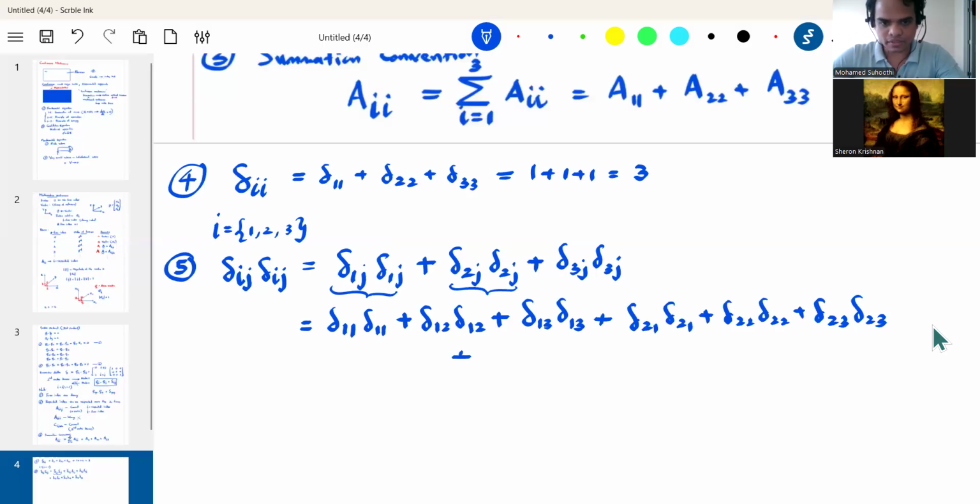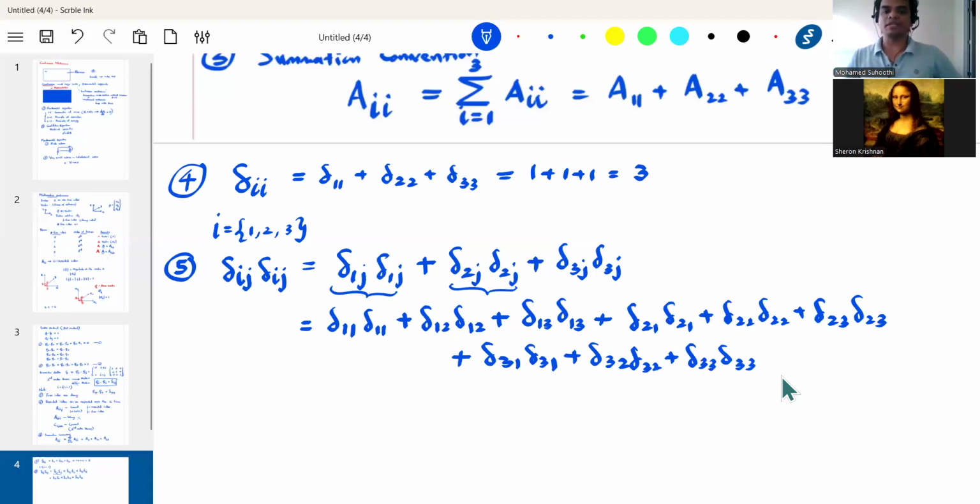Then now plus, the third one. Now j is 1 to 3. Third: 3 1, 3 1, j equal to 1. Then 3 2, and 3 3, 3 3.